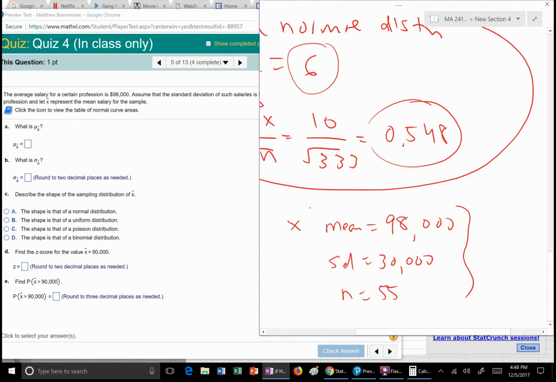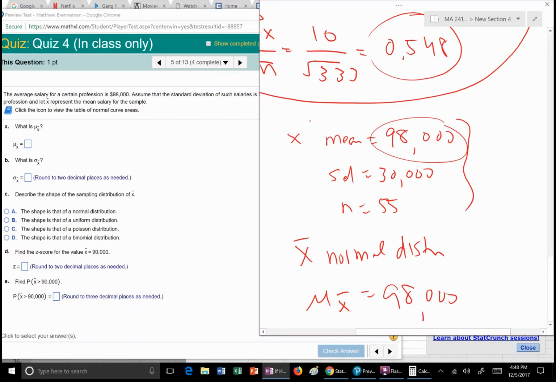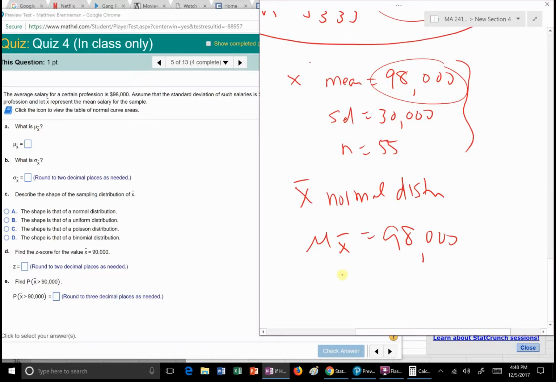So the central limit theorem tells me that x bar will have a normal distribution. The mean of x bar will be equal to the mean of x, which is just 98,000. And the standard deviation of x bar, we're going to write sigma with an x bar as a subscript, is just going to be 30,000 divided by the square root of 55.